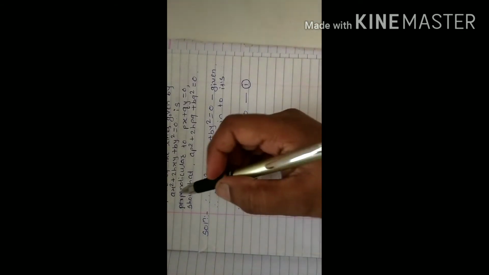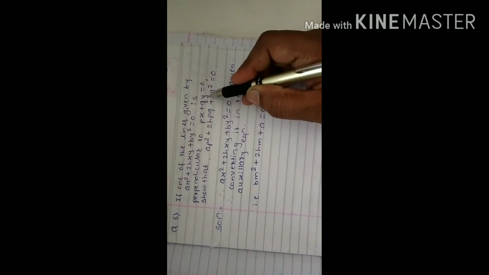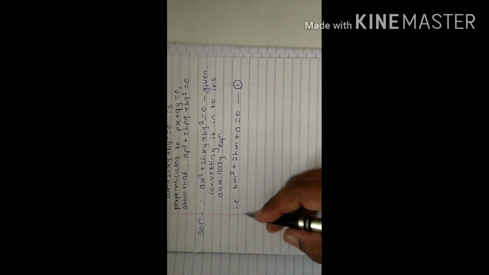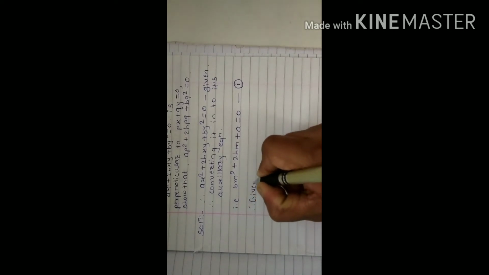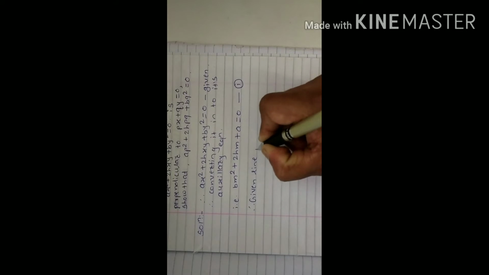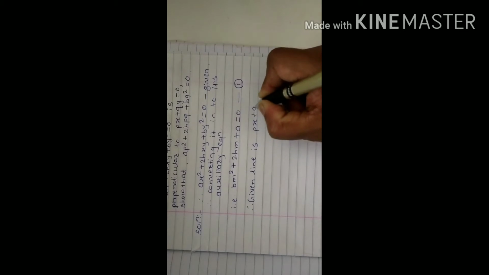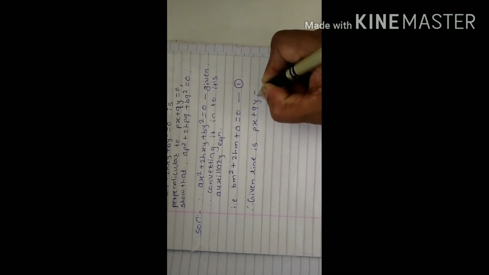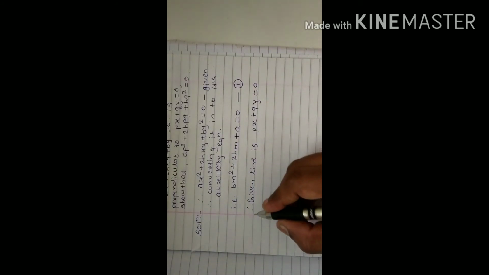The given line is perpendicular to px plus qy is equal to 0.